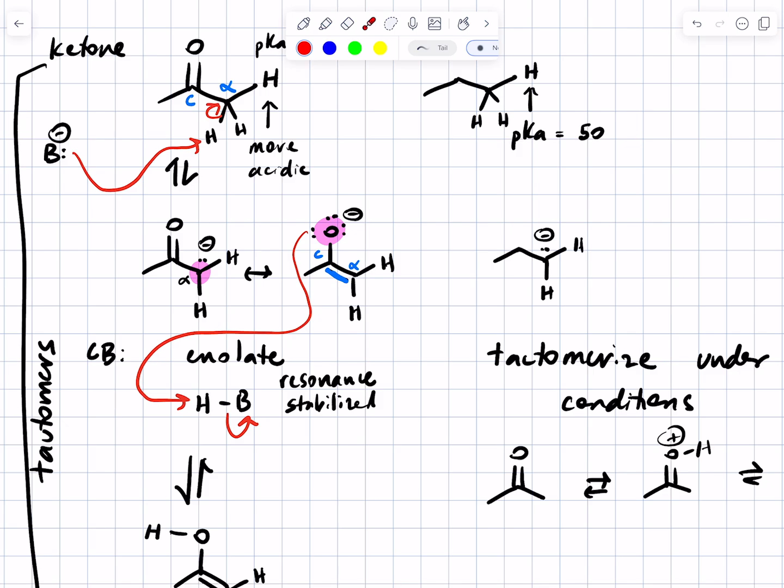So we're going to see that if you already know a lot about carbonyl relative stability, then you can already predict a ton about enolate stability and alpha proton acidity.